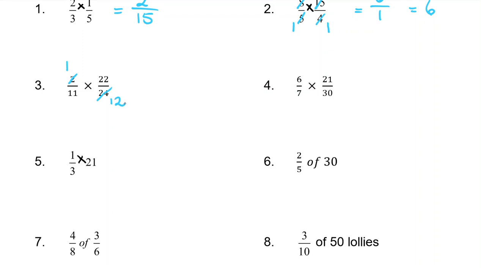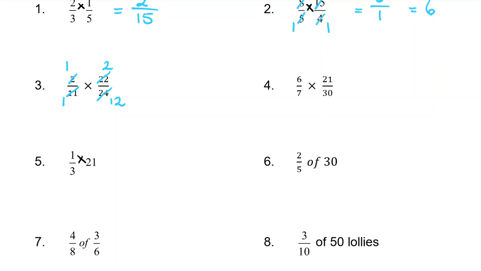Check the other diagonal. 11 and 22, is there a factor? What is it? Great. 11 divided by 11 is 1, and 22 divided by 11 is 2. Now, I could start multiplying from here, but there is still another place that I can cancel, and it's vertically. 2 and 12.